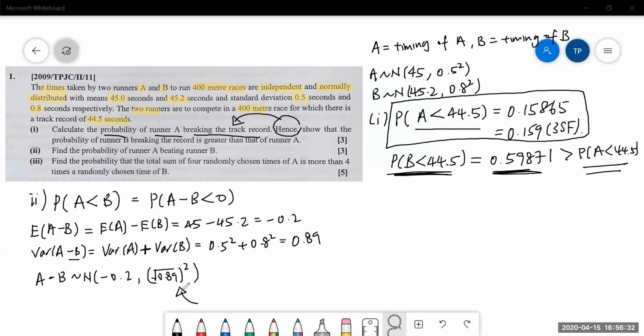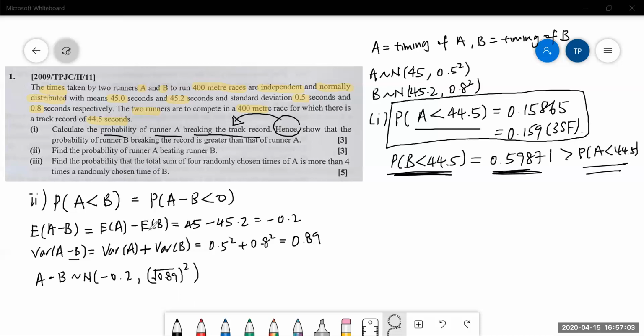Why don't I write 0.89 instead? Because you need to only put the square root of it. Correct. Because when you input into the calculator, you're inputting the square root of it. I want to play it very, very safe. I don't want myself to key in 0.89 in a moment of panic, so I will always put in the square rooted form.